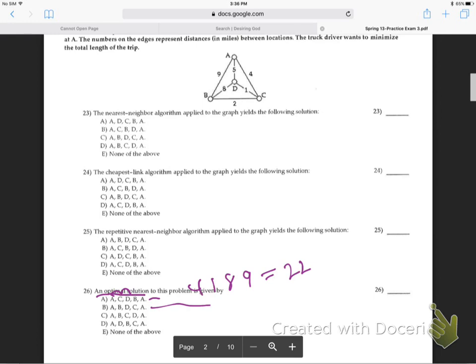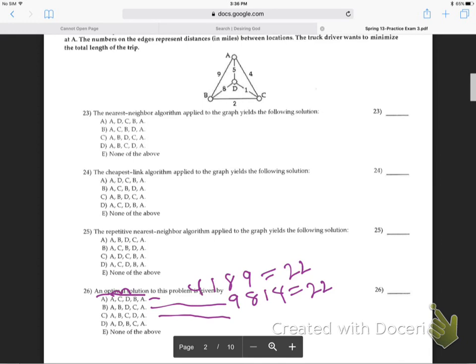That road's 22. This one, A to B, is 9. B to D is 8. D to C is 1. And C back to A is 4. 10, 22. Same thing.